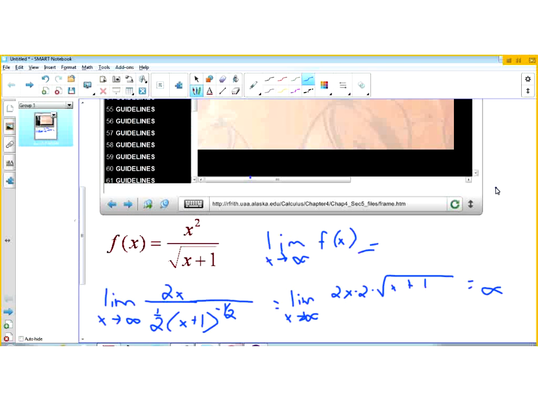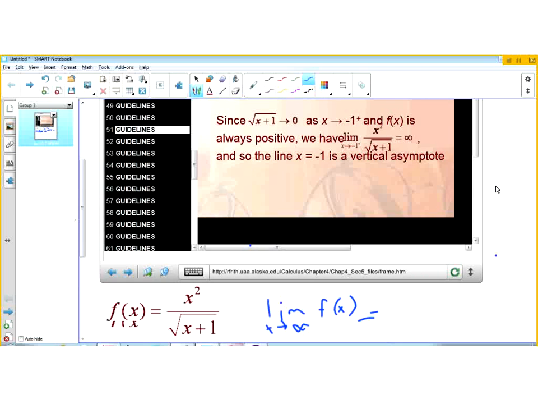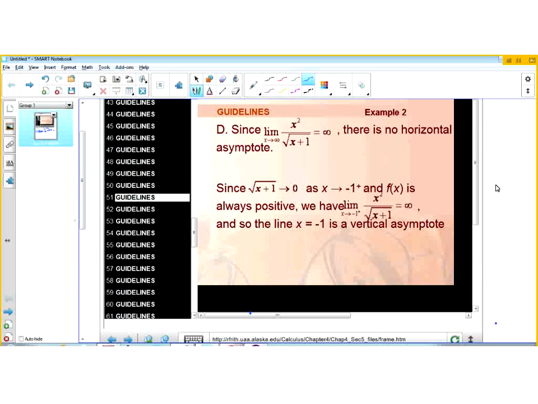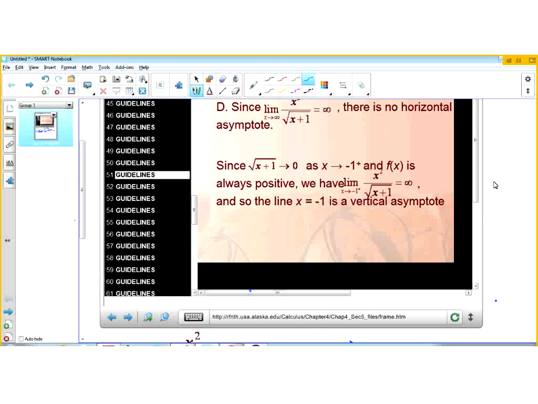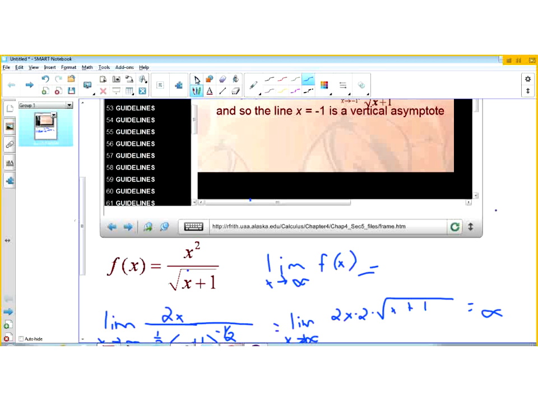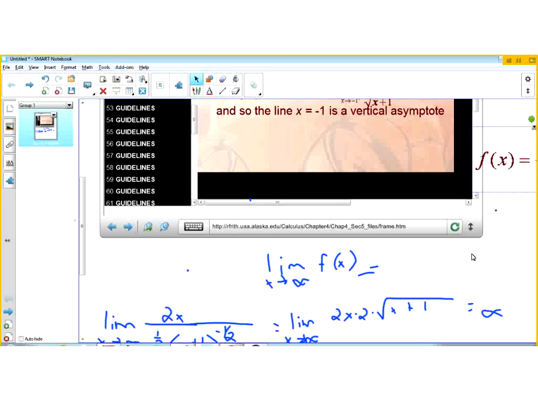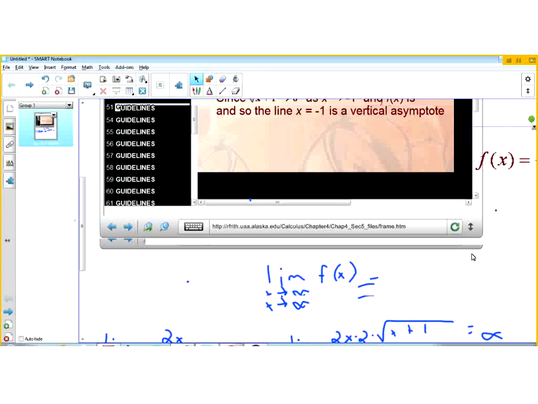Is that what they say? So that means there's no horizontal asymptote. That's why. L'Hopital's rule says there's no horizontal asymptote.